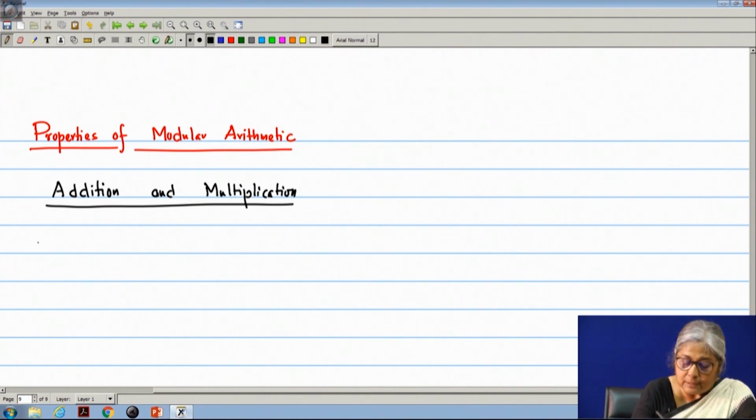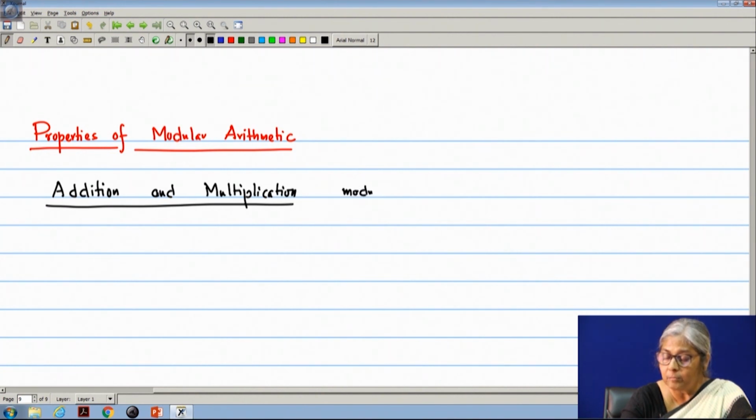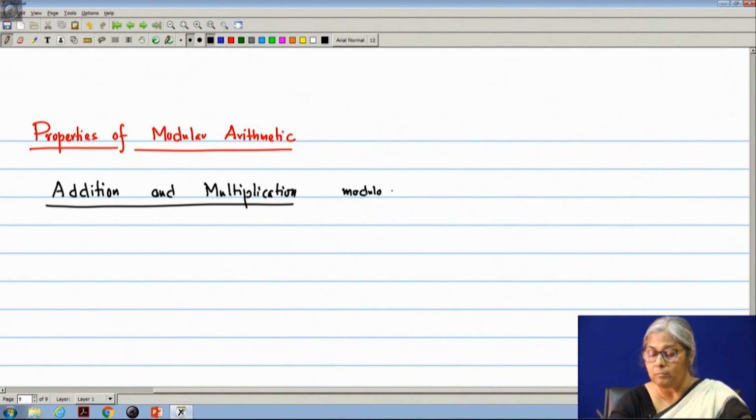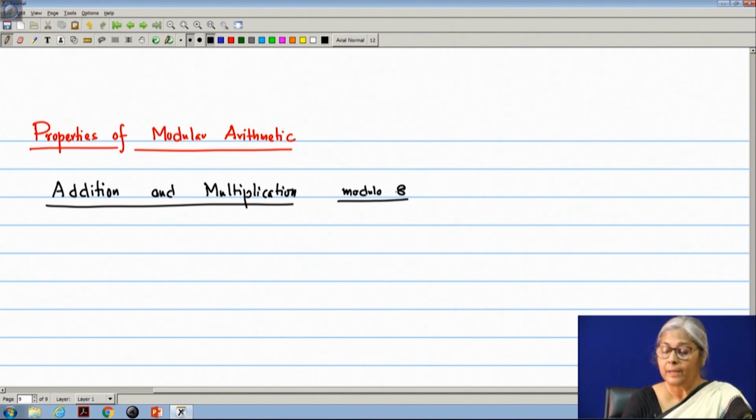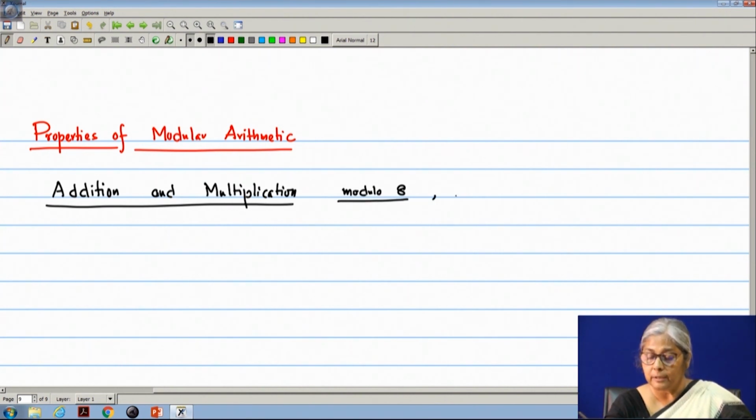Let us take one example, and with this example we define the idea. For addition and multiplication of modular arithmetic, we take modulo 8. Modulo 8 means my set can be only 0 to n minus 1, that is 0, 1, 2, 3, 4, 5, 6, 7.